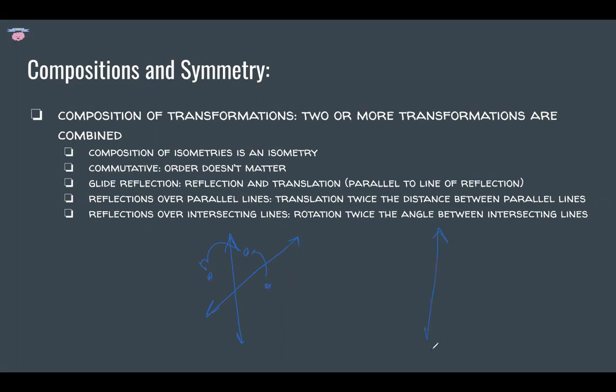So not always is this commutative, sometimes it is. If this is the distance d, that means you basically translate this point 2d. Similarly, if this is the angle, we normally use theta for angles, the rotation is basically a rotation twice the angle, 2 theta.